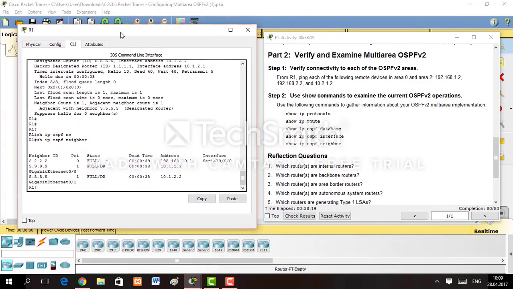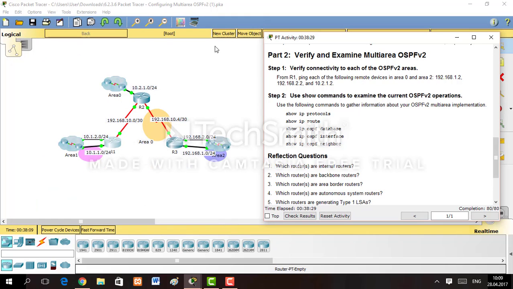Okay, reflection questions. Which routers are internal routers? All the routers right here, router 1, router 2, and router 3 are internal routers. Which routers are backbone routers?